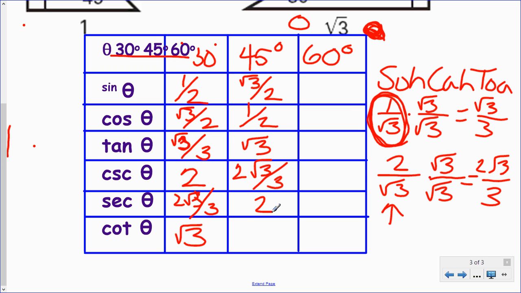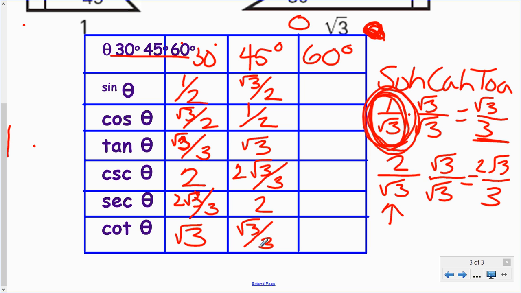That's just equal to 2. And then cotangent is the reciprocal of tangent. And so you're probably kind of seeing a pattern here. But if we take the square root of 3 over 1 and flip it, we'll get this again. And then rationalize, and you'll get square root of 3 over 3.